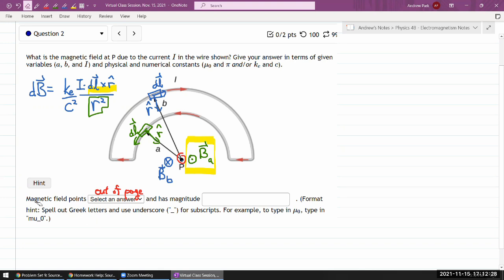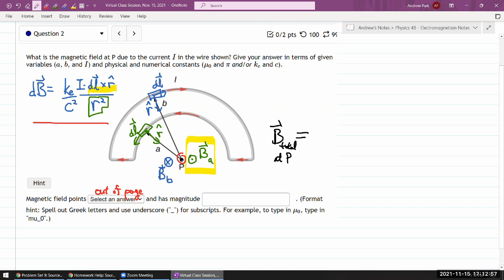So, okay, the second part of the question: the field's direction and magnitude. This is where you just have to go through the calculation. We have Biot-Savart's law. So the total magnetic field at P, due to the entire current distribution, is going to be an integral.